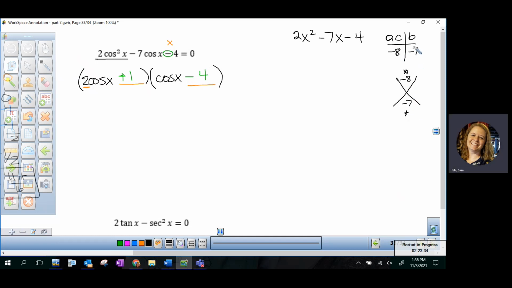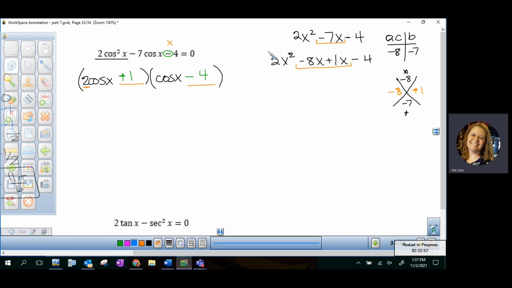So you can do whichever one of these you want. What multiplies to negative 8 but adds to negative 7? That would be negative 8 and positive 1, right? So you would replace the B term with that. I would rewrite this as 2x squared minus 8x plus 1x minus 4. So you make that substitution in the middle.